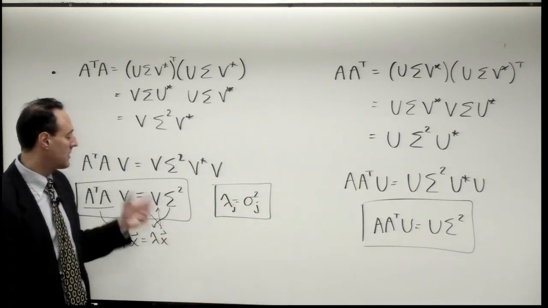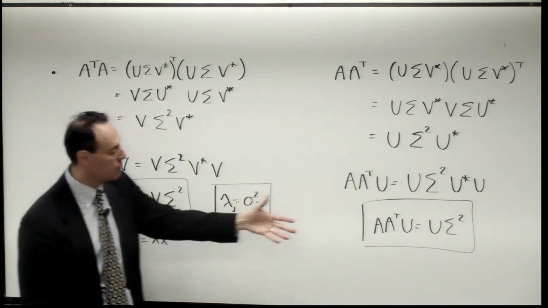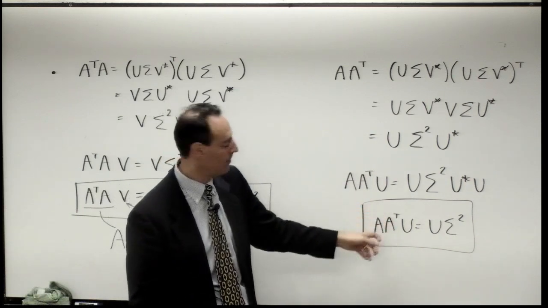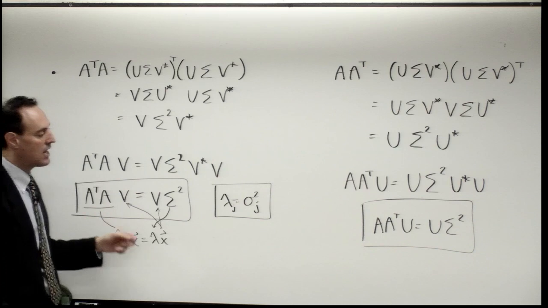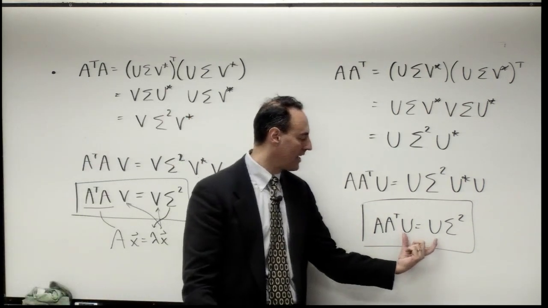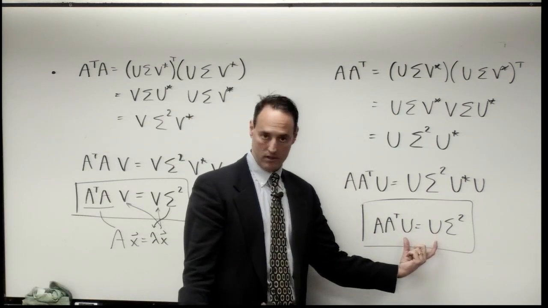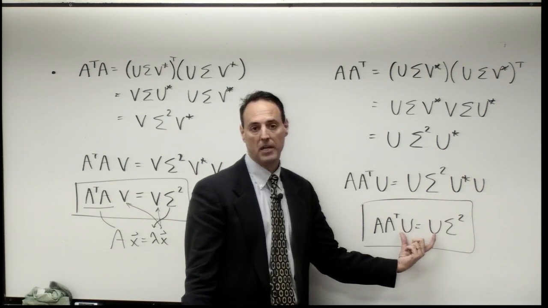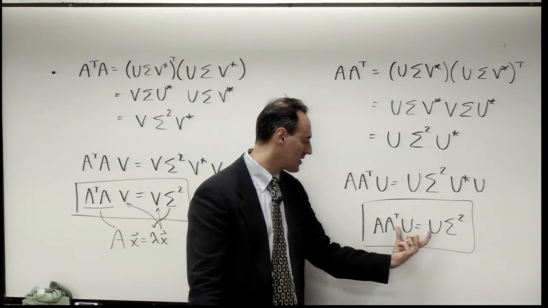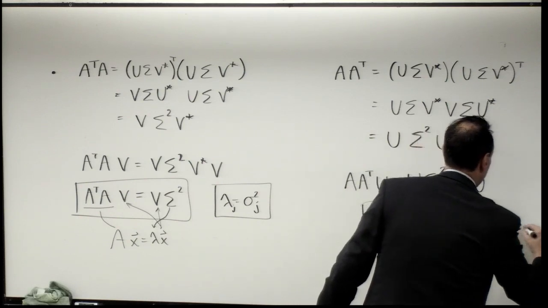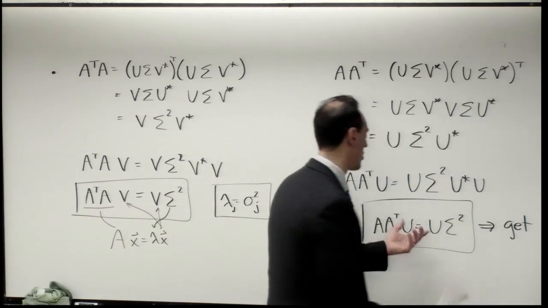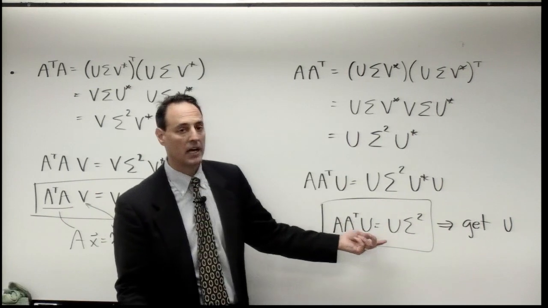So the singular matrix sigma is the same for both, but notice when you solve the eigenvalue problem of A A transpose versus A transpose A, the eigenvectors give you the matrix U. This eigenvalue problem is how you get U. You solve for all the eigenvalues.